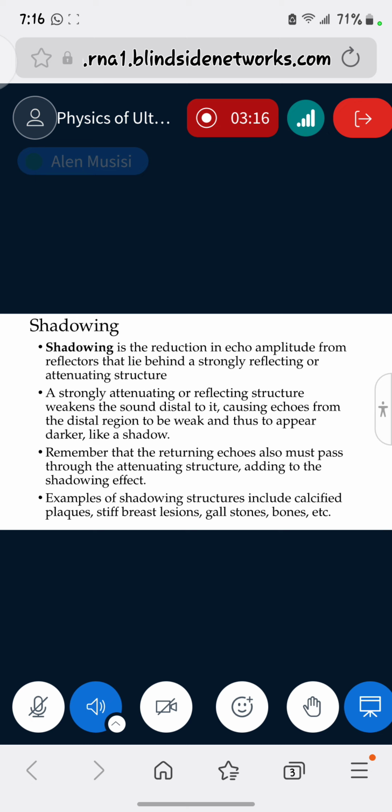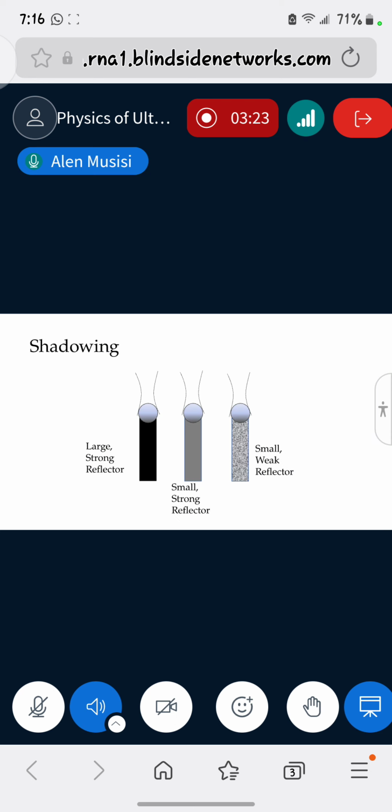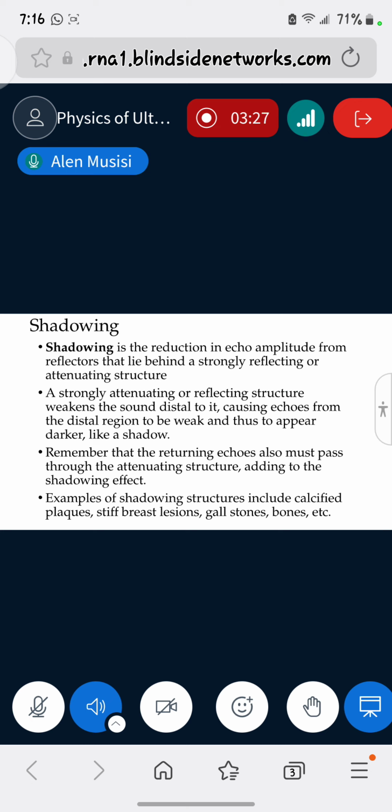So, okay, before we look at the image, if for example you have a structure here and this beam comes to it, this is a highly reflecting or attenuating structure.